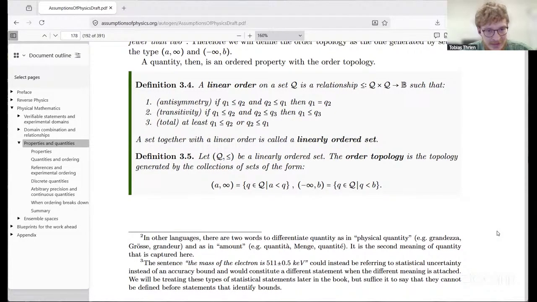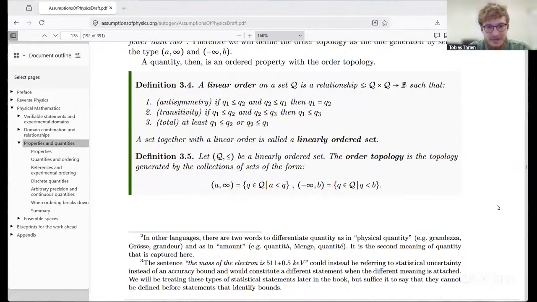So we define this to be a linearly ordered set, Q with a relation. Then the order topology is a topology generated by the collections of sets of the form open interval a to infinity, which is defined as all elements in Q that are bigger than A, which I assume we literally define as A smaller or equal to Q, but not equal. So this is strictly greater, so we have removed the equal.